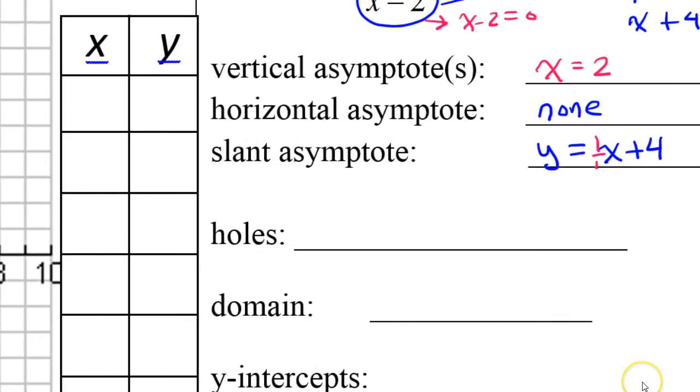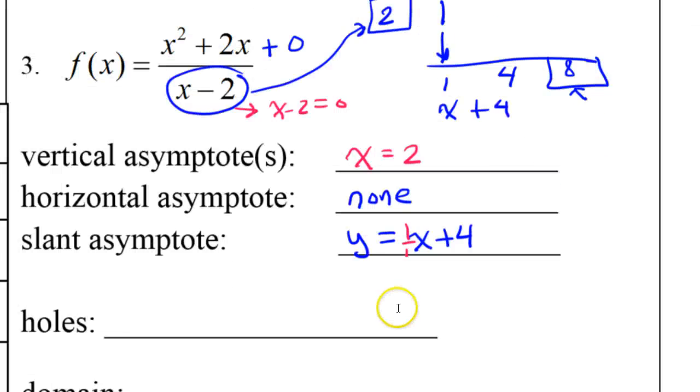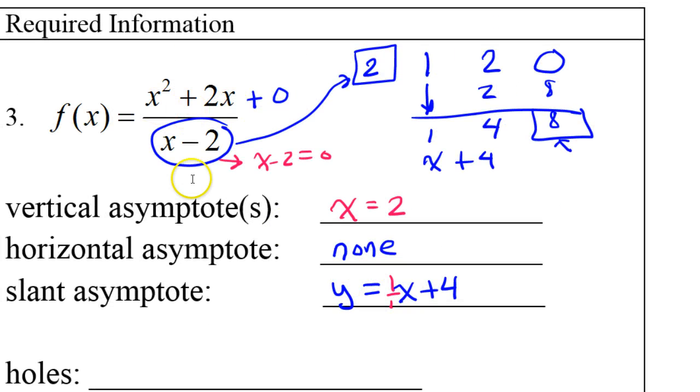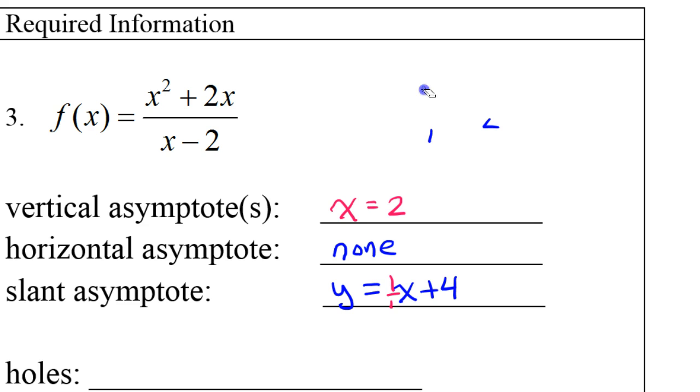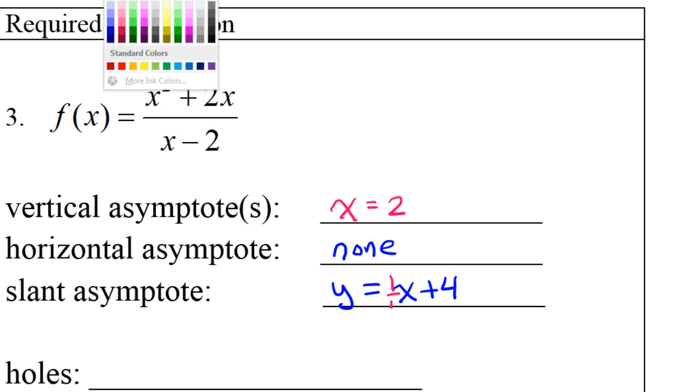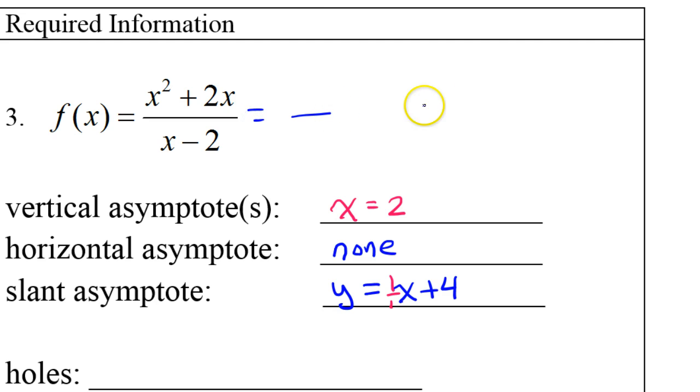Now, what else am I going to need? Holes. Holes happen when there's a factor that cancels out. So to see if there are any holes, I need to try to factor this. The numerator will factor a bit. There's a GCF, there's a common factor of x.